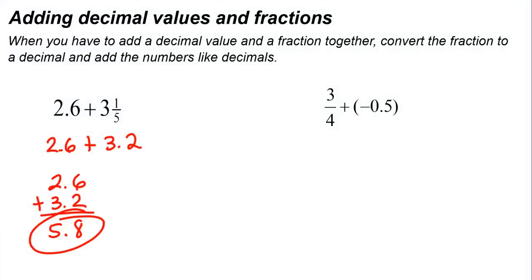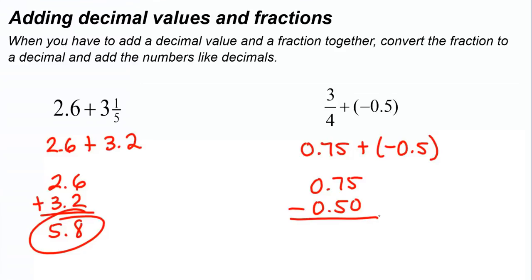Next one, 3/4 plus negative 0.5. 3/4 as a decimal is 0.75 plus negative 0.5. And again, these are positive and negative added together, so they're going to be canceling. So this is like subtraction. The value is going down by 1/2, and that gives me positive 0.25, and we are done there.